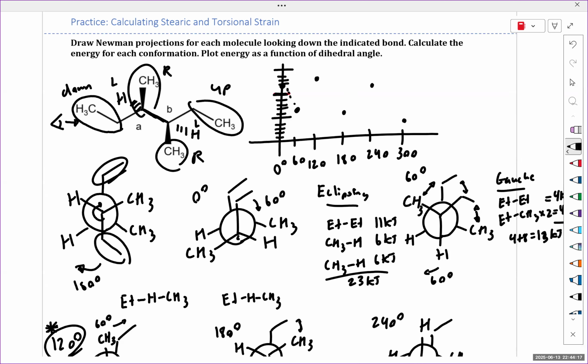I'm going to connect them with a dotted line just to show the curve. There we go. So now we have a full plot of energy versus dihedral angle, with the highest energy conformation being 120 degrees and the lowest energy conformation being 300 degrees. So this is an example of a full Newman projection analysis and conformational analysis question, such as that you would see on a typical exam.